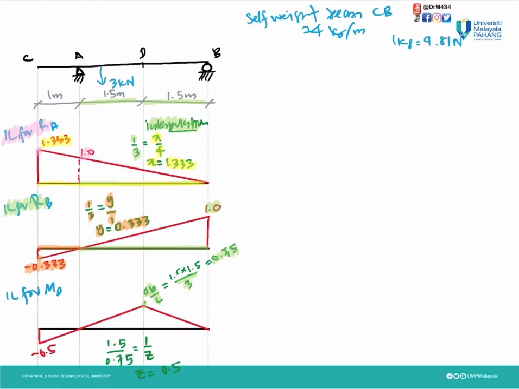Here is 0.75 for the distance of 1.5. So the distance here is 1. We don't know the value yet, so we name it Z. So we can solve this. We get Z is 0.5. Since that's on the negative side, so negative 0.5. So we have identified all the important values.